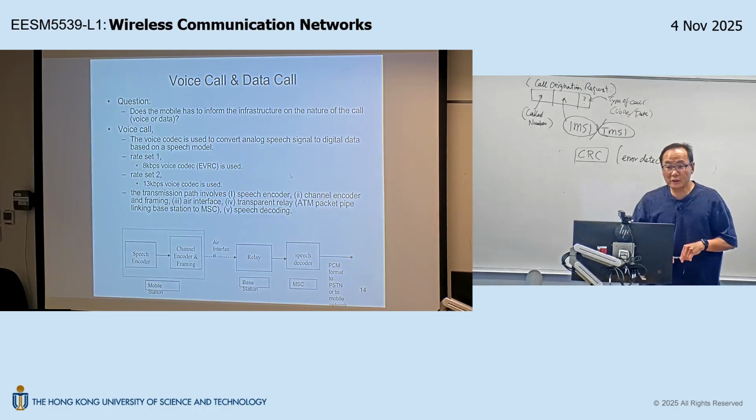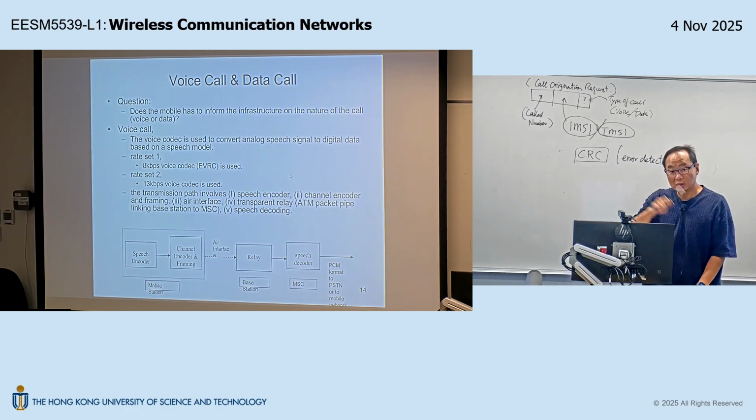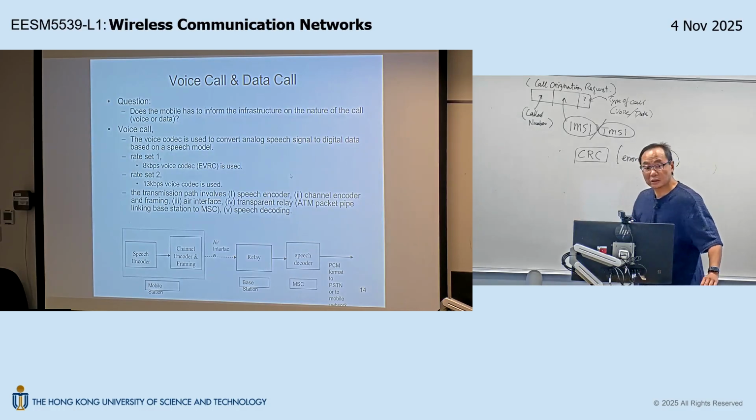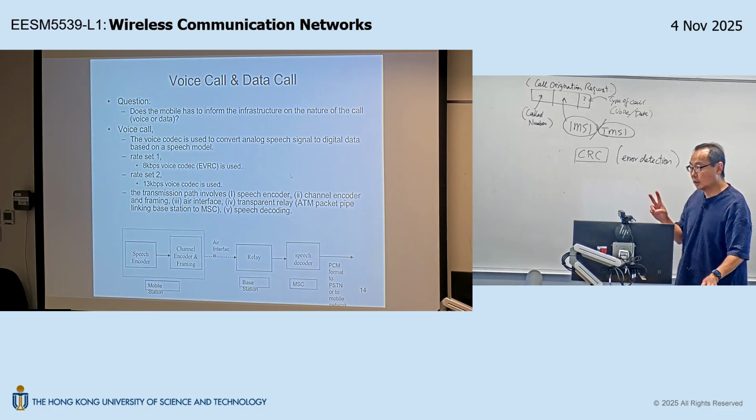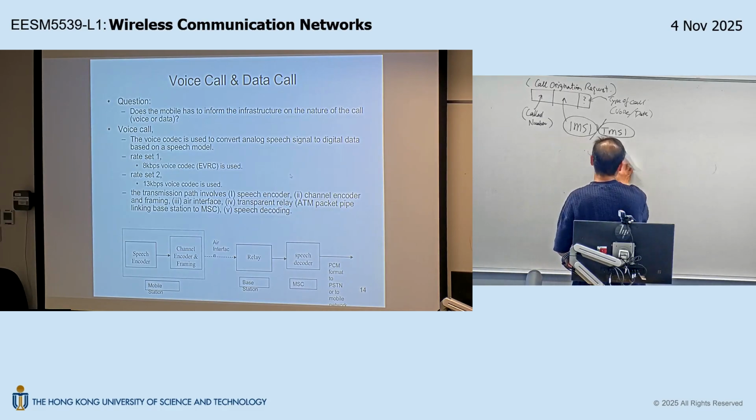Now, in a 2G system, it's a digital cellular system. The radio interface is designed to support transmission of digital payload. Because of that, there are two potential sources. Let me draw the picture for easier explanation.